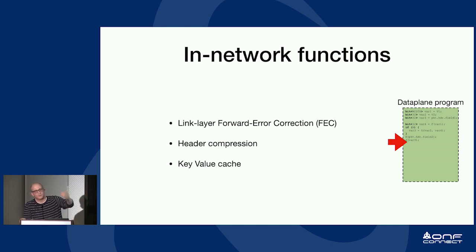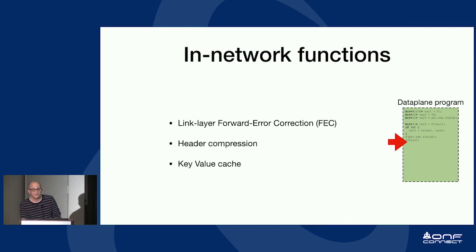And this avoids having to resubmit the data, and also avoids transport protocols overreacting to the loss of this data. And this is a payload processing task. Unlike other network operations, this actually looks at the whole payload and has to process it in order to generate the redundant information.